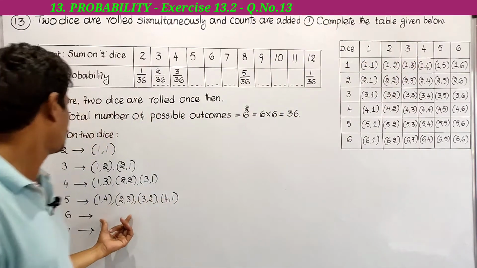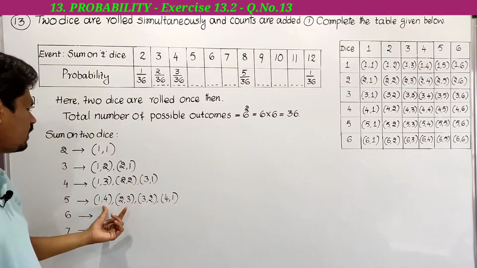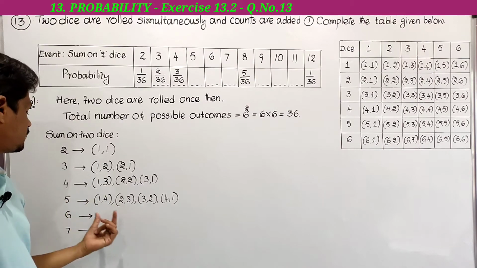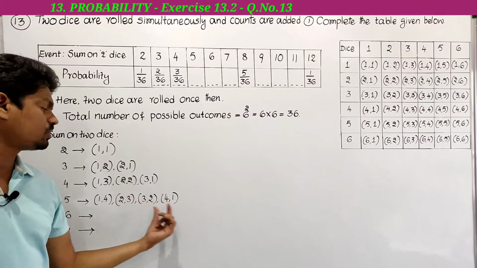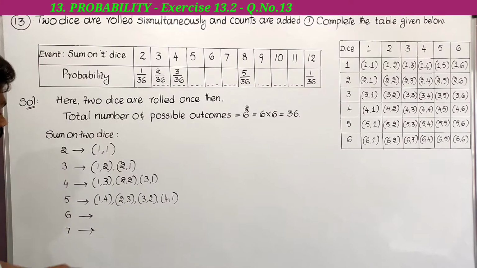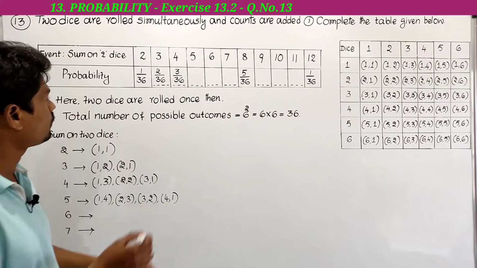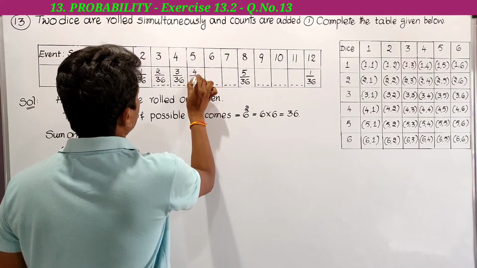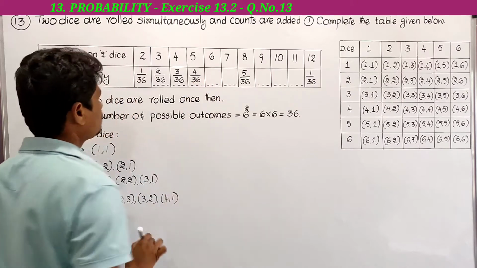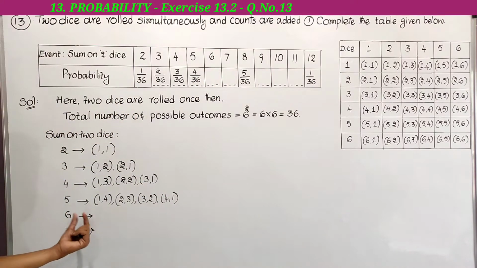So these are the 4 outcomes for the sum on two dice being 5. 1 plus 4 is 5, 2 plus 3 is 5, 3 plus 2 is 5, 4 plus 1 is also 5. So how many are there? 1, 2, 3, 4. So here the favorable outcomes are 4, by the total number of possible outcomes, 36 again. Next, the sum on two dice is 6.